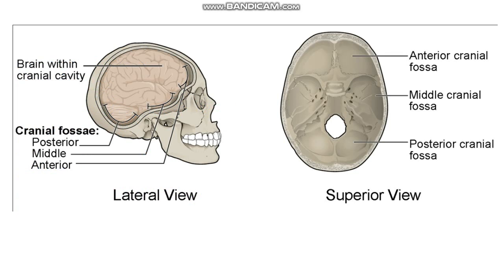See, this is a lateral view. So already we have seen during the scalp, this is the cranial vault, which is almost very much smooth, and this is convex. This cranial vault makes the roof of the cranial cavity.